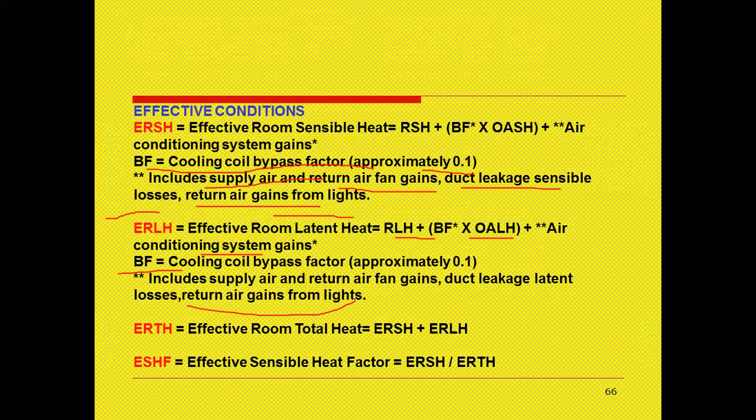ERTH is the effective room total heat, that is equal to ERSH plus ERLH. Now ESHF is the effective sensible heat factor, that is equal to ERSH divided by ERTH.